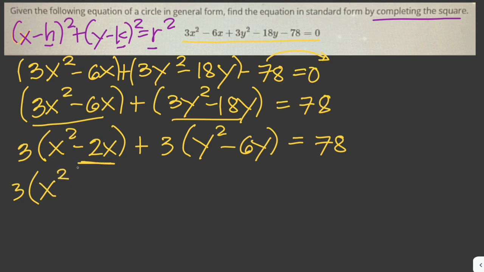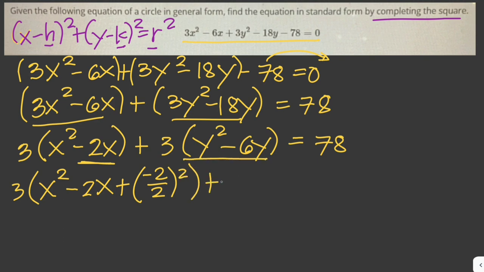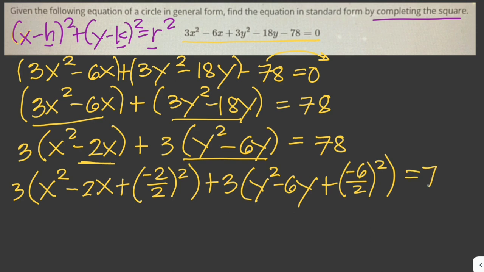So we add to this expression the square of half of that, so plus (negative 2 over 2) squared, and this one as well. So this is y squared minus 6y plus the square of half of negative 6, equals 78.